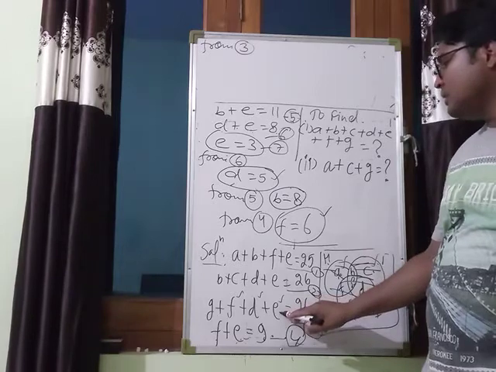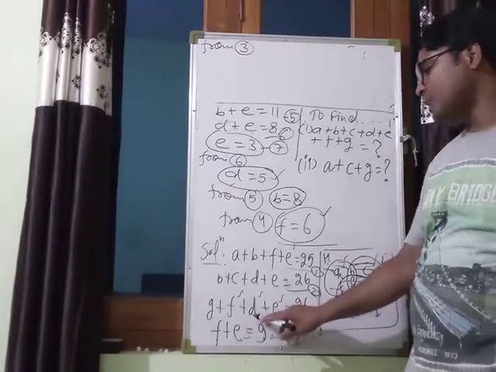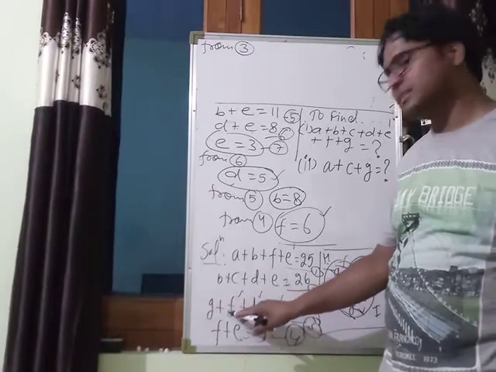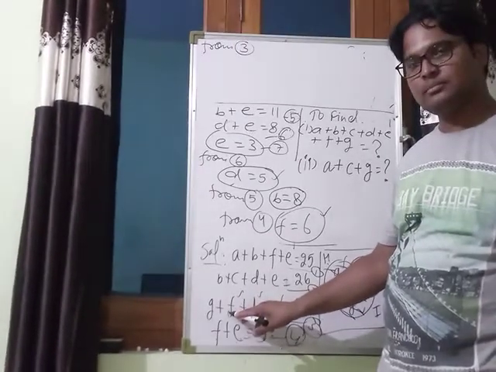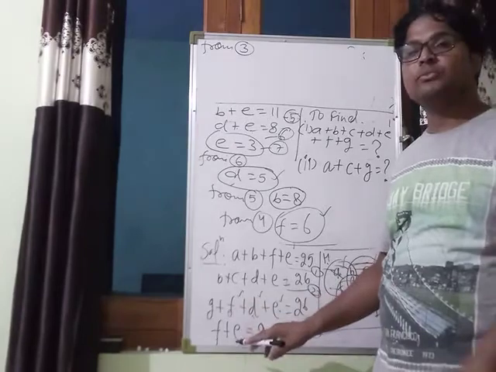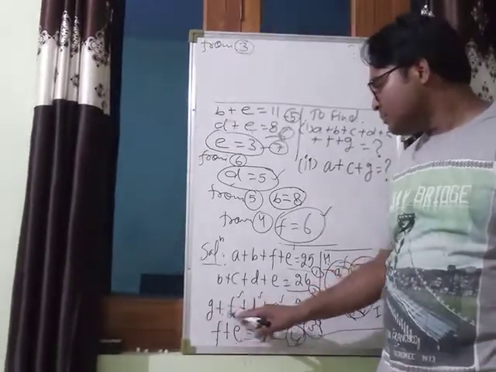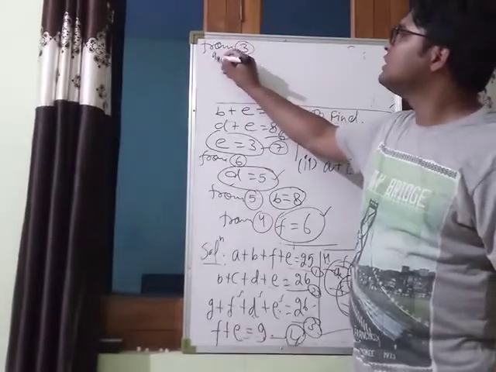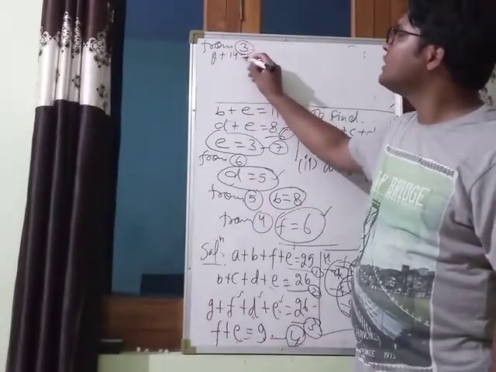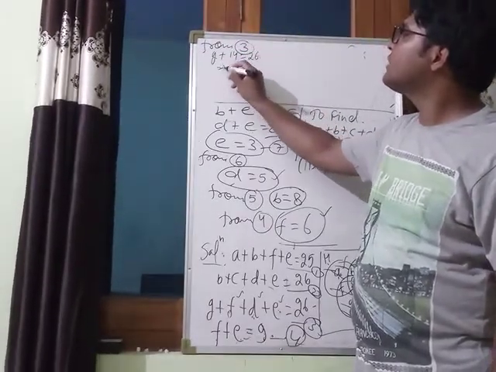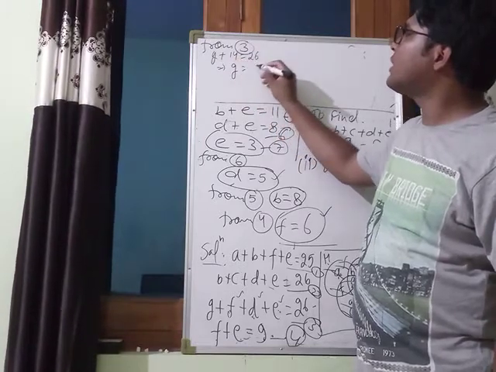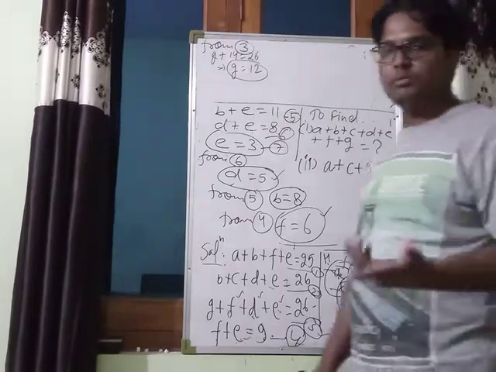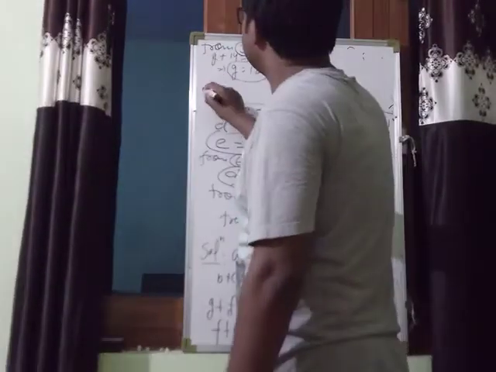So 3 plus 5 is 8, and 8 plus 6 is 14. Then G plus 14 is equal to 26, so G is equal to 26 minus 14, that is 12. G is 12.